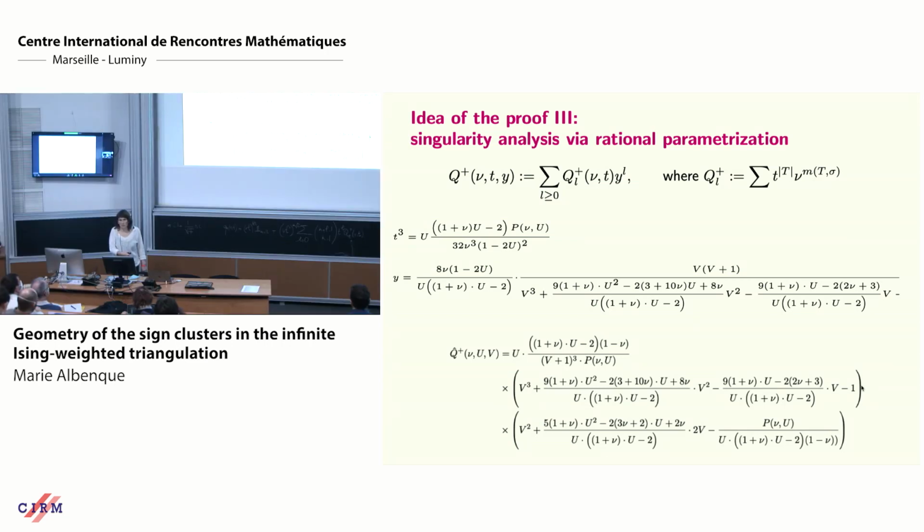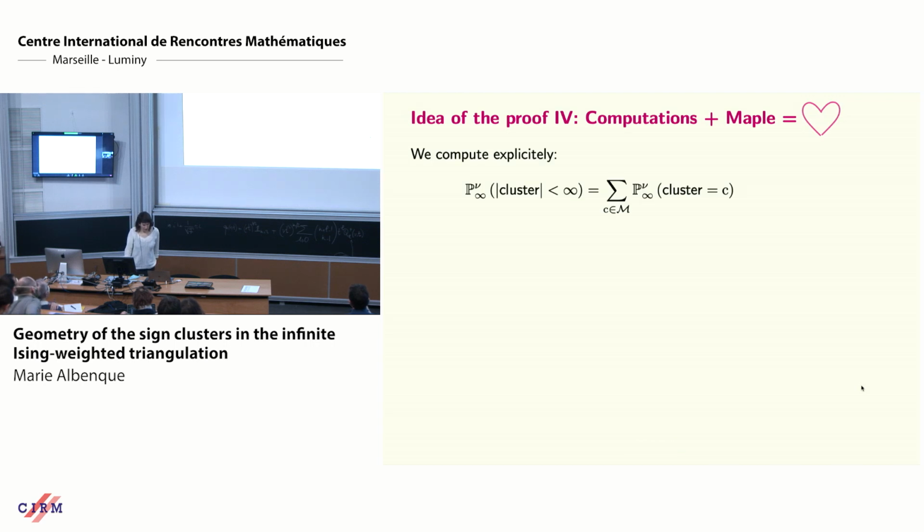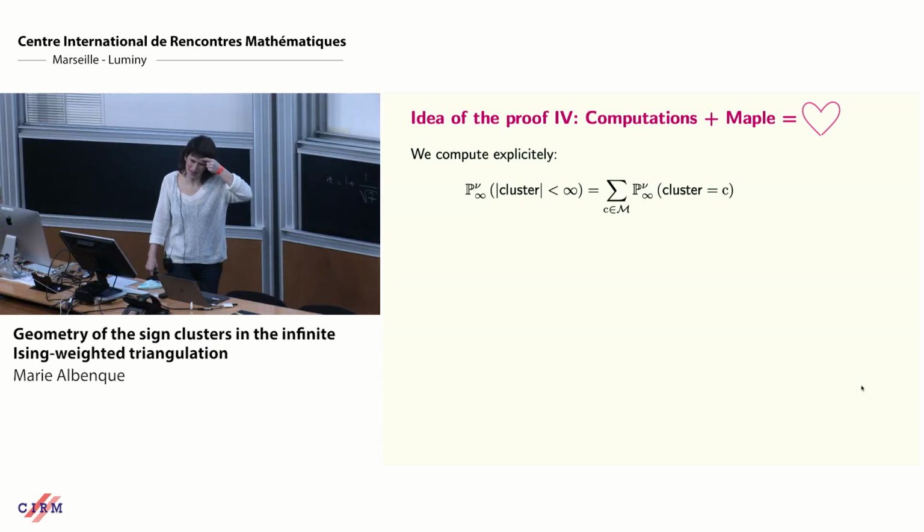But it's not ugly, I mean, it depends on your notion. But it's a rational function. You can just study the denominator, look at the poles, and do whatever you want, really. I'm going to spare you and not give you any more idea of the computations. But the idea is just to say that the probability that the cluster is finite is just summing over all the finite maps the probability that the cluster is this fixed map.